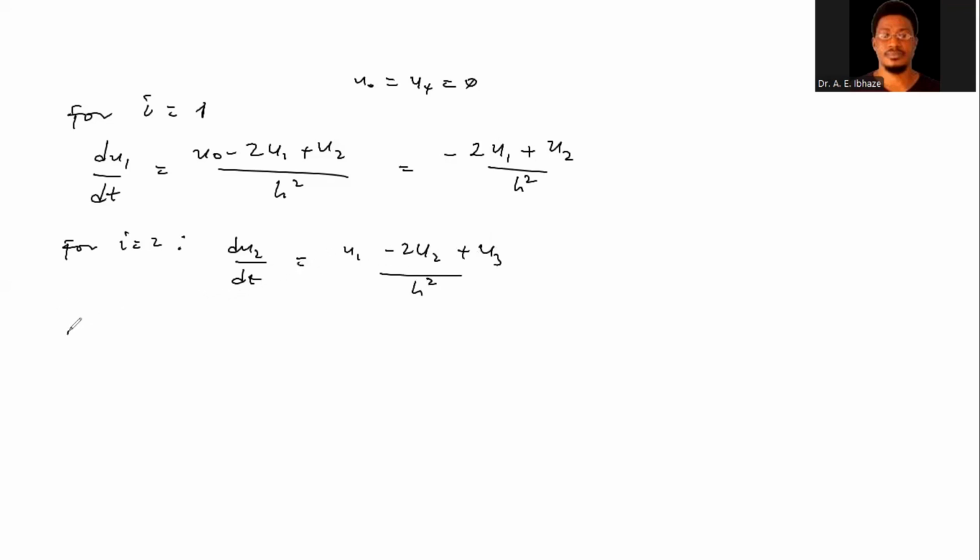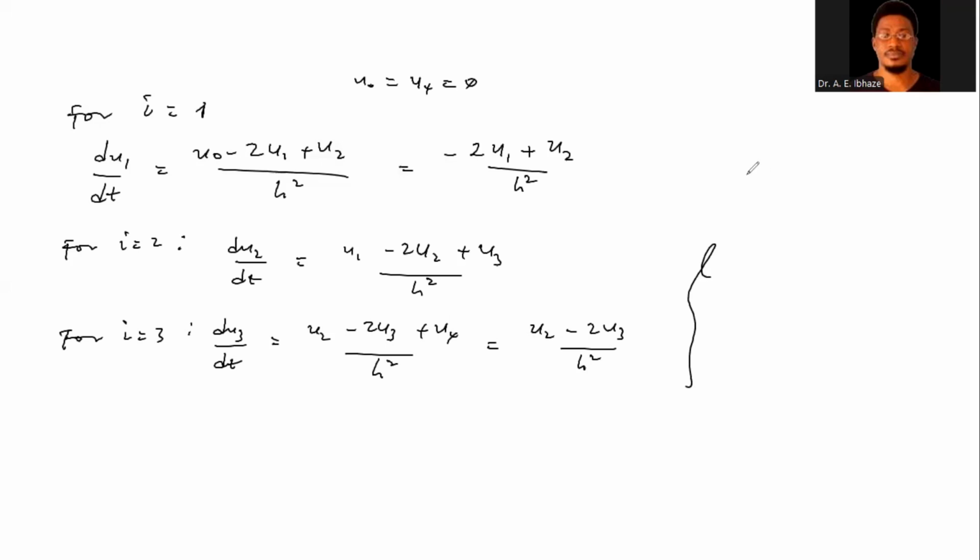And then for i being the same as 3, we also have du3 over dt will be the same as u2 minus 2u3 plus u4 over h squared, and now u4 is 0, so this will be the same as u2 minus 2u3 over h squared. So we already know that the initial condition is given as u sub i of 0 being the same as sine pi x sub i, for i being the same as 1, 2, 3.